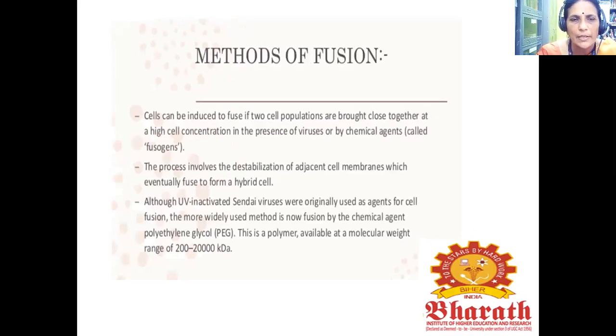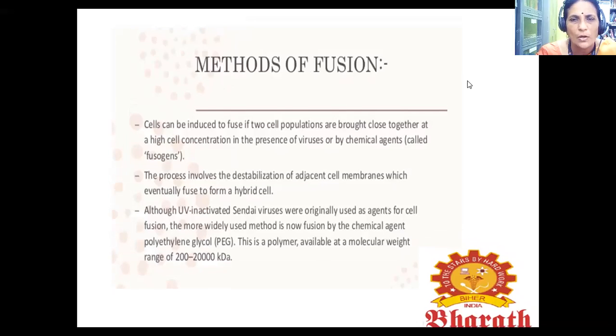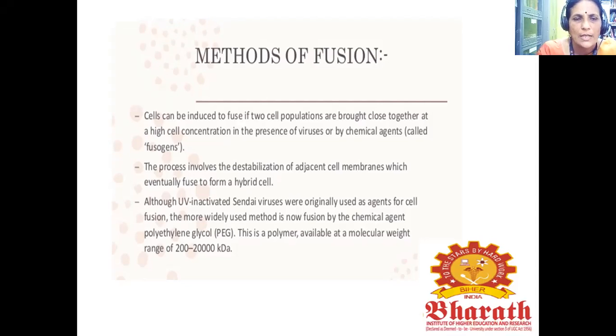The cells can be induced to fuse if two cell populations are brought close together at high cell concentration in the presence of viruses or chemical agents called fusogens. The process involves the destabilization of adjacent cell membranes, which eventually fuse to form hybrid cells.